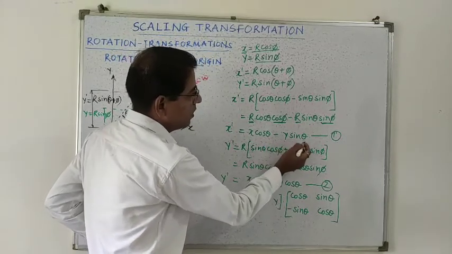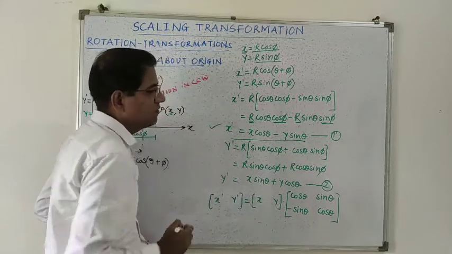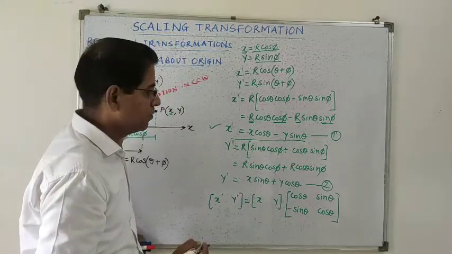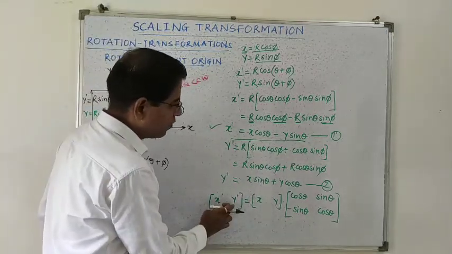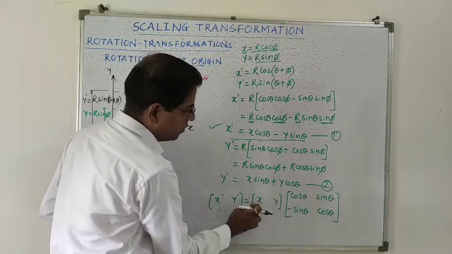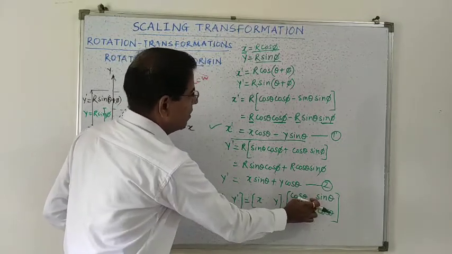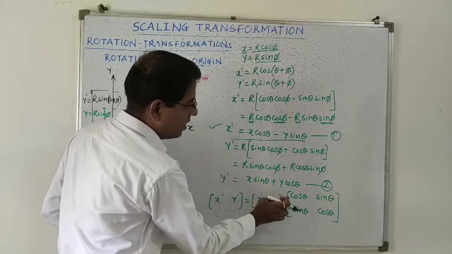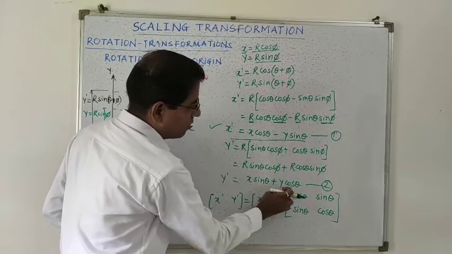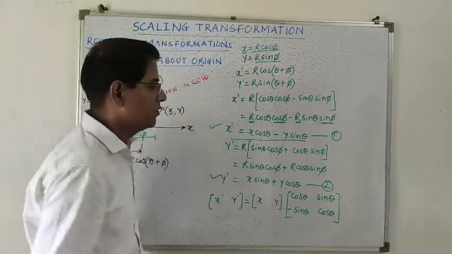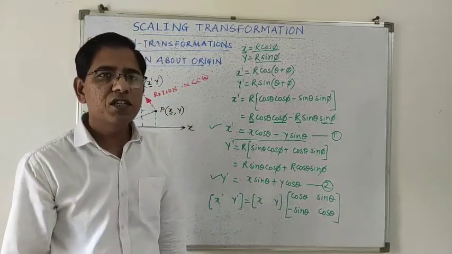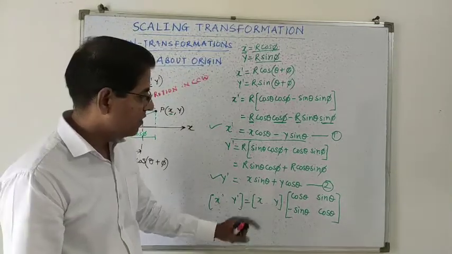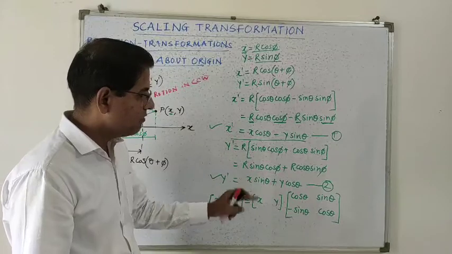So this is nothing but our first equation. Similarly, y dash is equal to first row second column, so x into sin theta plus y into cos theta.